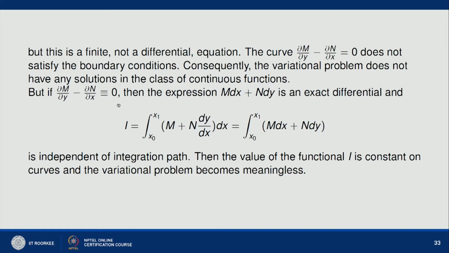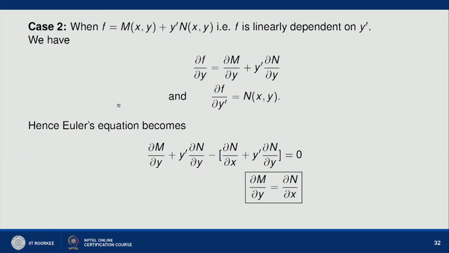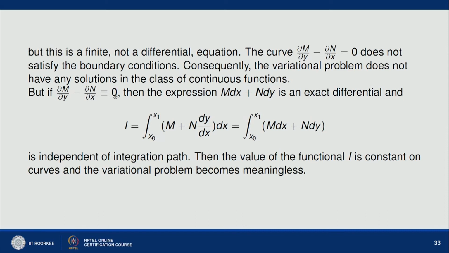But if del m by del y is equal to del n by del x, or you can say that m y minus n x is equal to 0, then the Euler equation is identically satisfied, and in this case the expression m dx plus n dy is an exact differential, and we can write I as the integral from x naught to x1 of m plus n dy by dx, which is nothing but the integral from x naught to x1 of m dx plus n dy.